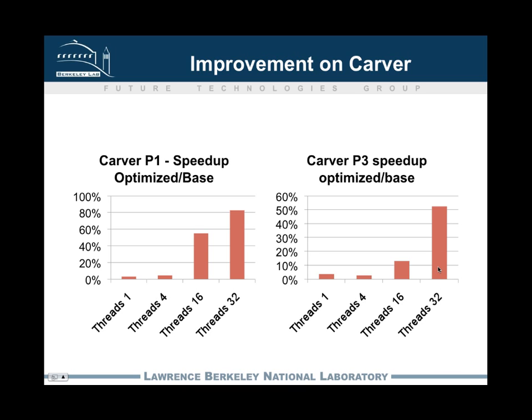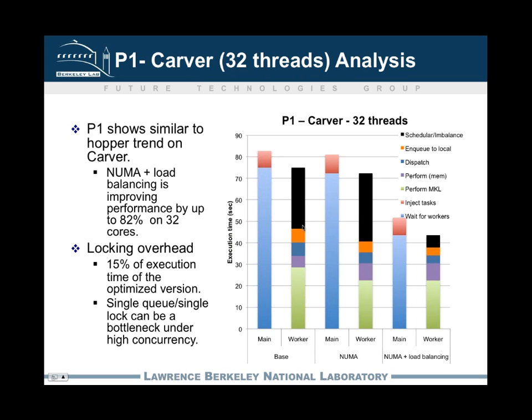But what is interesting about the behavior of these two problems on Hopper is that the first problem, P1, actually behaves the same way on Hopper and on Carver. By the same way, I mean that the best performance was associated with better NUMA handling and also better load balancing.